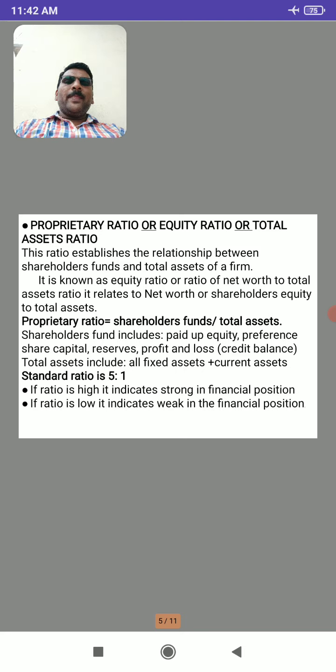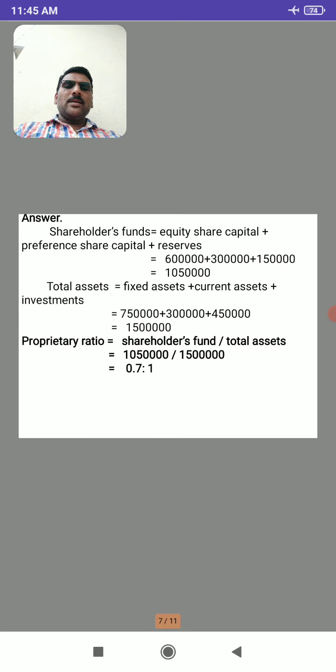And the total assets, by adding fixed assets, current assets plus investments: fixed assets are 7 lakh 50,000, current assets are 3 lakh, and the investments are 4 lakh 50,000. So in total we get 15 lakh. So total assets is 15 lakh and the total shareholders' fund is 10 lakh 50,000. If we divide the shareholders' fund by the total assets, we get the ratio of 0.7:1.